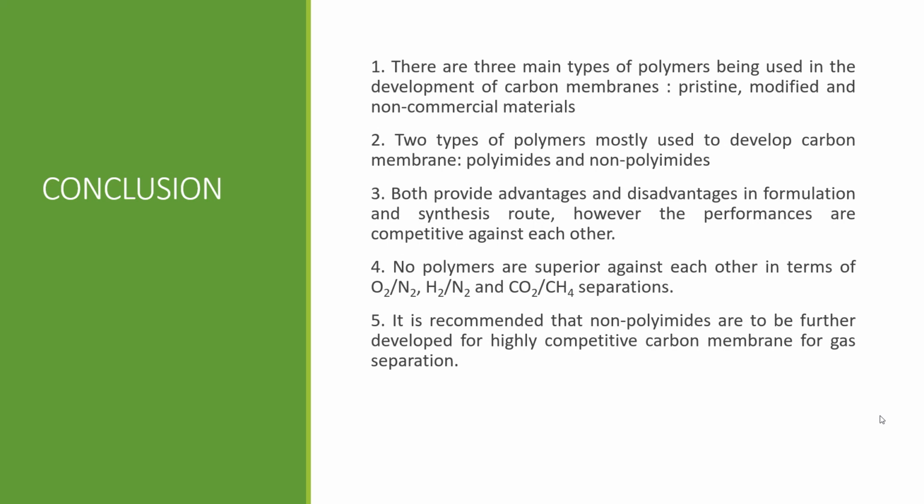We found that no polymers are superior in terms of O2/N2, H2/N2, and CO2/CH4 separations. So it is highly recommended that non-polyimides be fully developed for highly competitive carbon membranes in gas separation.